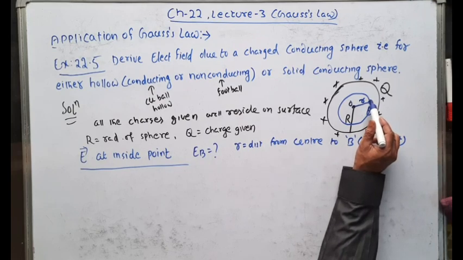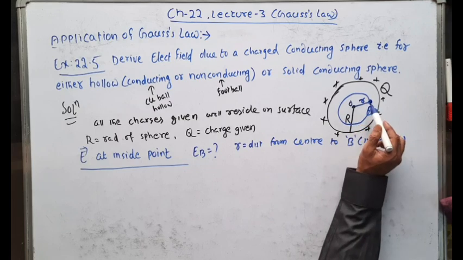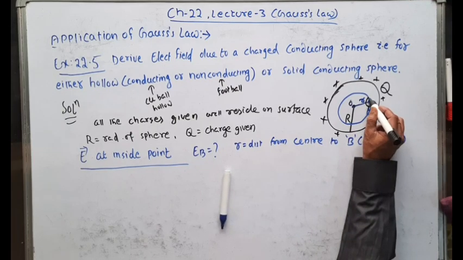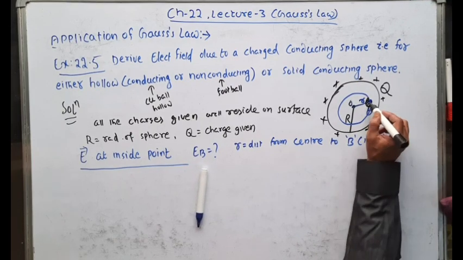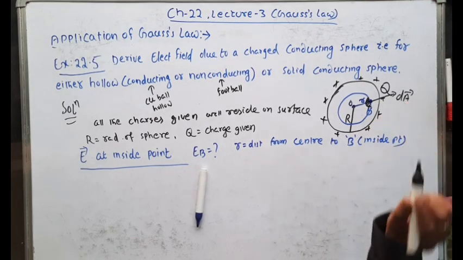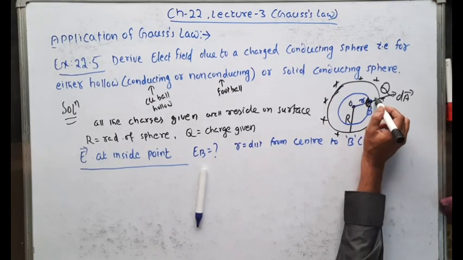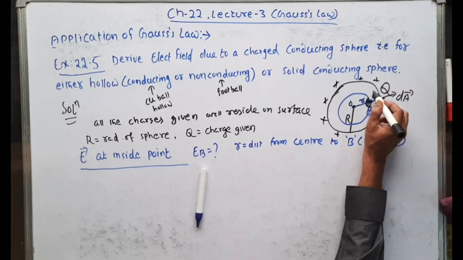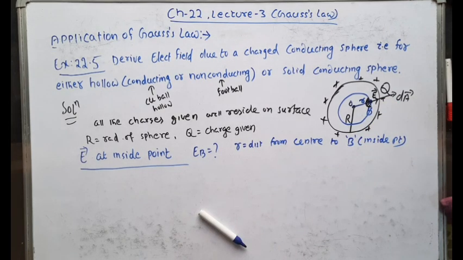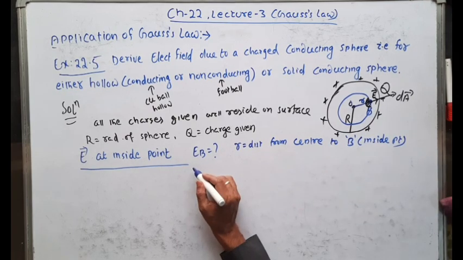Then we will find the total flux coming out from this Gaussian surface. For that, we take a small element on the surface of the Gaussian sphere. The area vector is always outward, and these are positive charges.